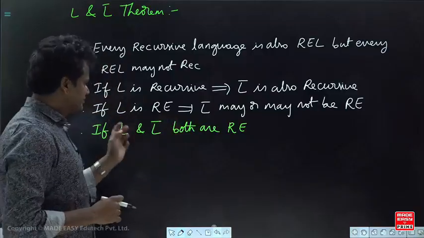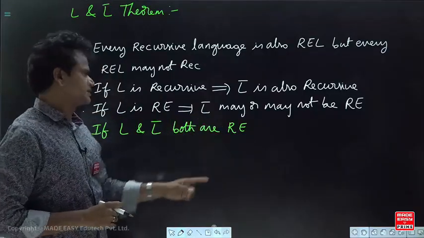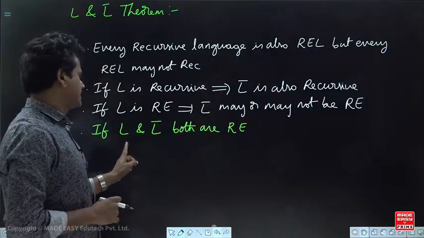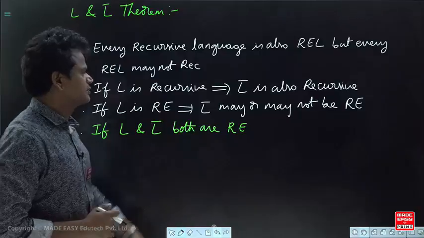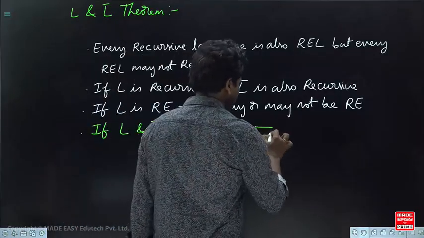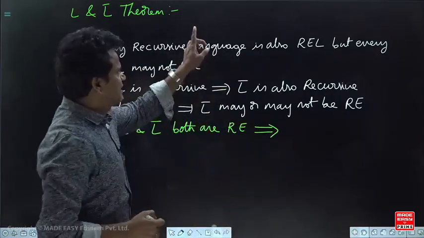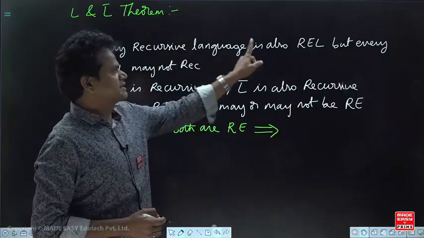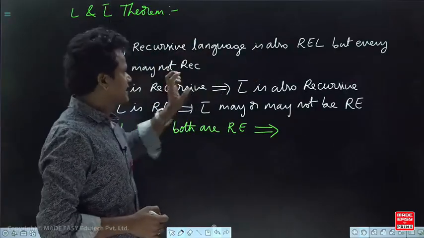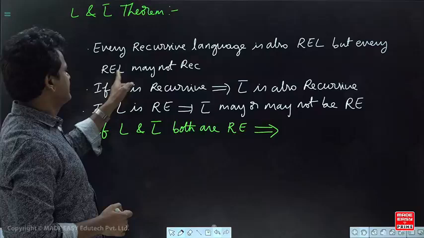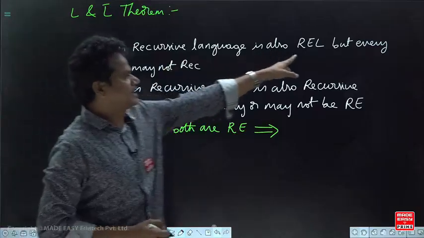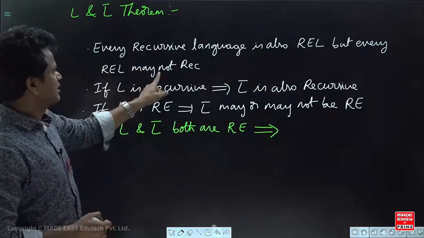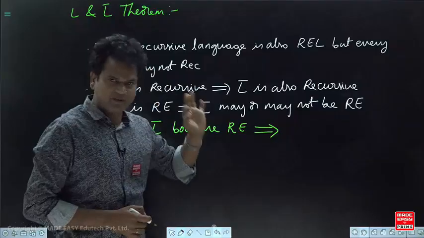Okay? Sometimes it may be, sometimes it may not be. Suppose a language L and its complement L bar both are RE. Now guys, again, if a language is REC, 100% L is also RE. If a language is RE, it may or may not be REC. Okay? Now come to this one.